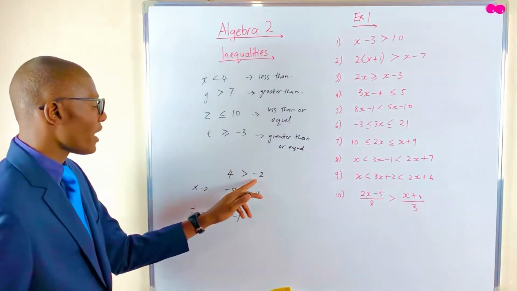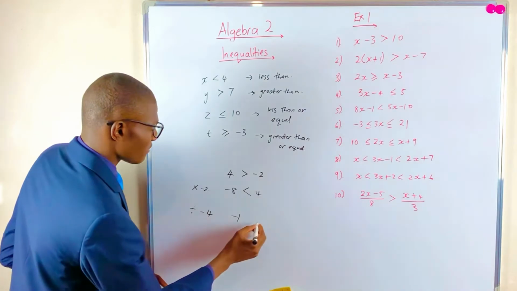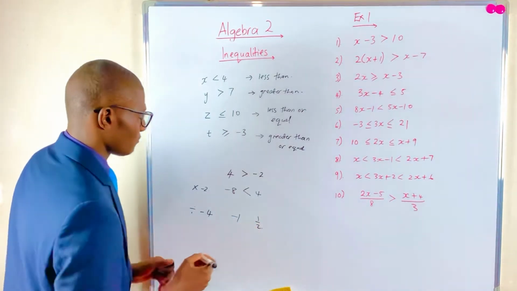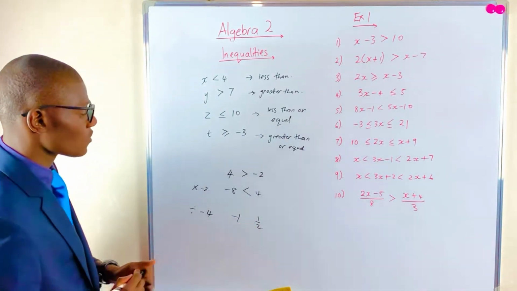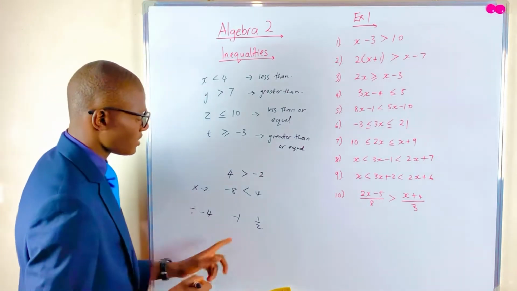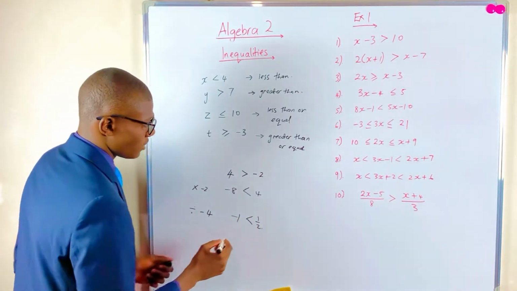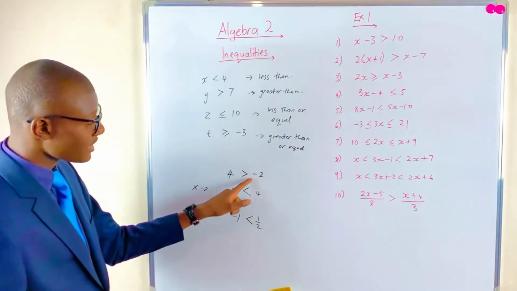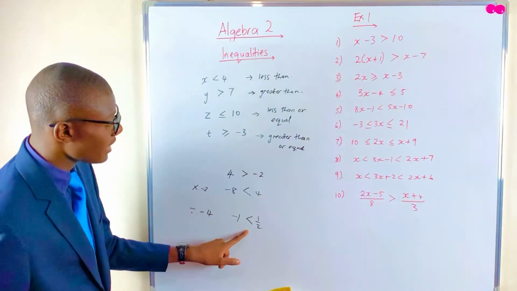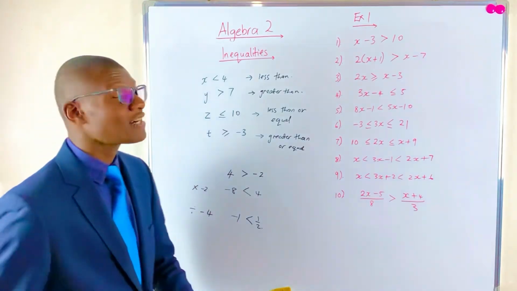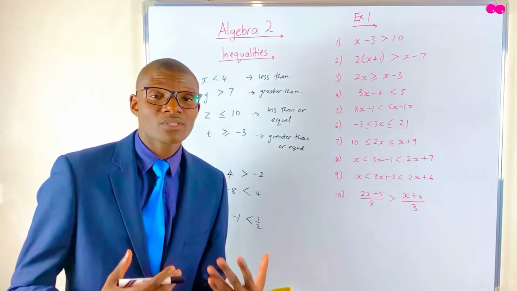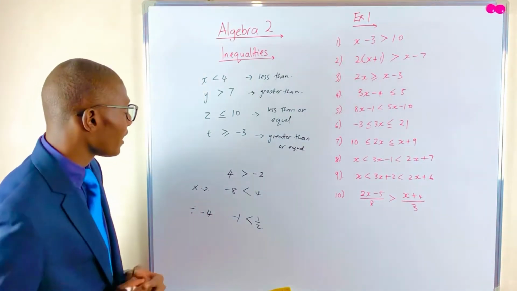And then -2 over -4 will give us a half. Like that. So now what do we see? We see that -1 is less than half. So as you can see as well, from a greater than sign, we're getting a less than sign. But this is after we've what? Multiplied or divided by a negative number.